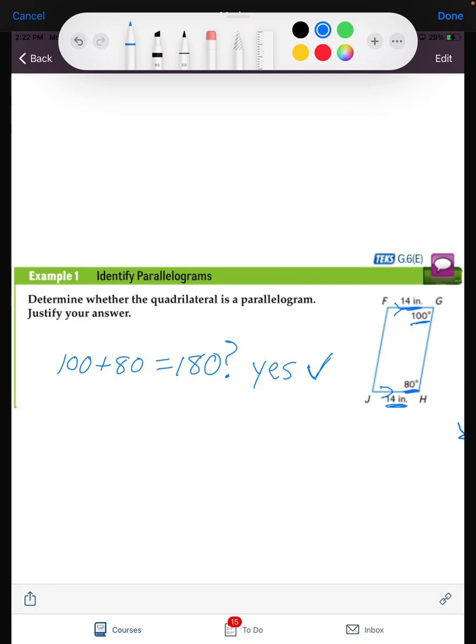So by the converse of our consecutive interior angles theorem, we can say that FG and JH are parallel to each other. And so if we have FG and JH parallel and they're the same length, we can say that FGHJ is a parallelogram. Yes, because of this.